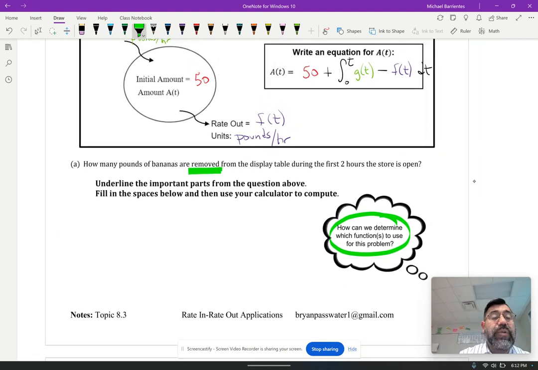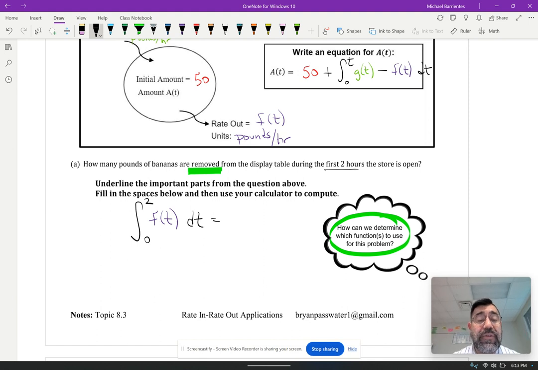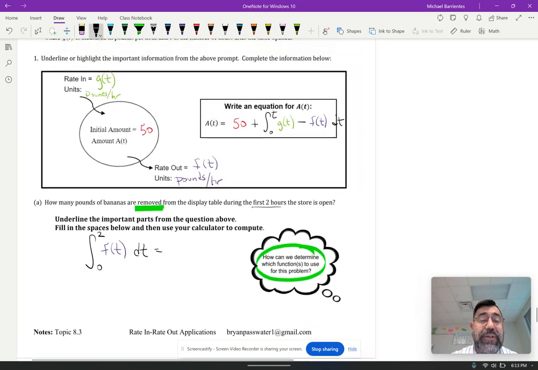So in order to figure that out, we're going to do the integral in the first 2 hours, from 0 to 2, of f of t, because f of t is the rate at which they're being removed, dt. If we do this integral, we'll figure out the total amount of bananas that are removed in the first 2 hours.